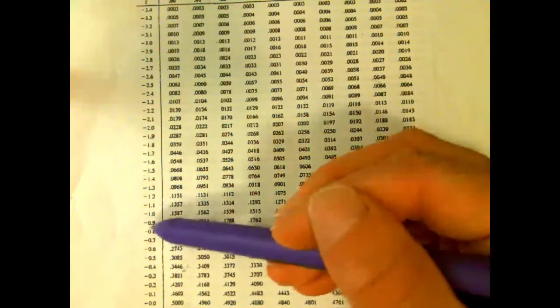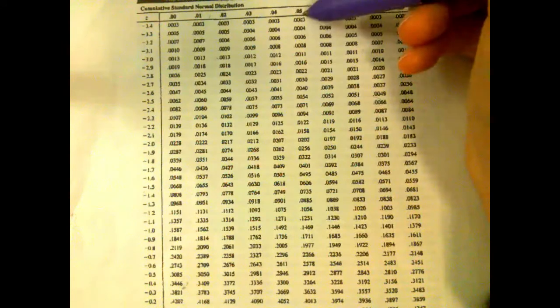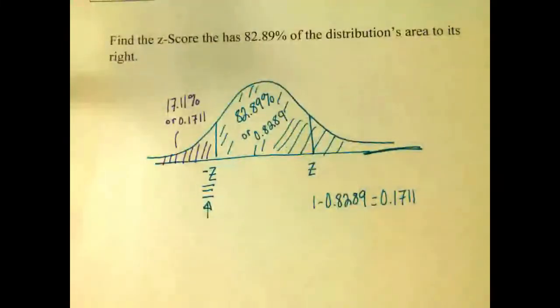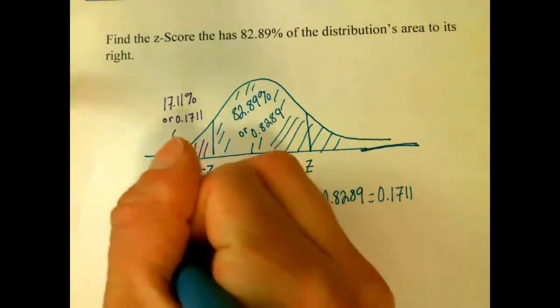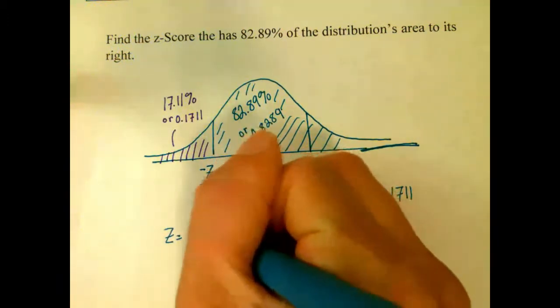We go to the left and find negative 0.9, and we go up and find 0.05. So based on the table, our z-score is going to be negative 0.95.